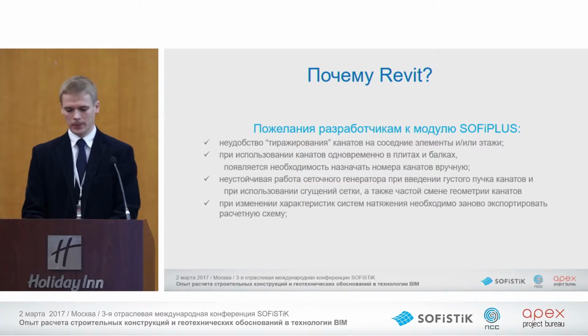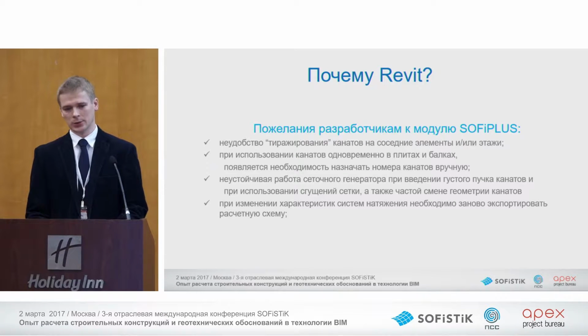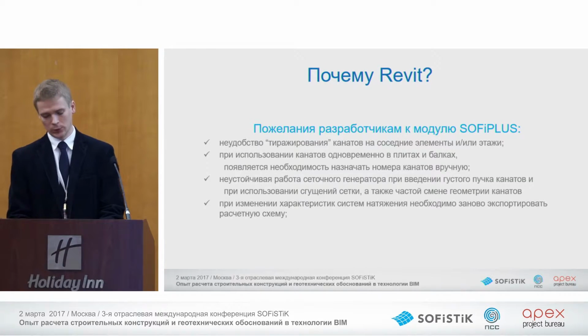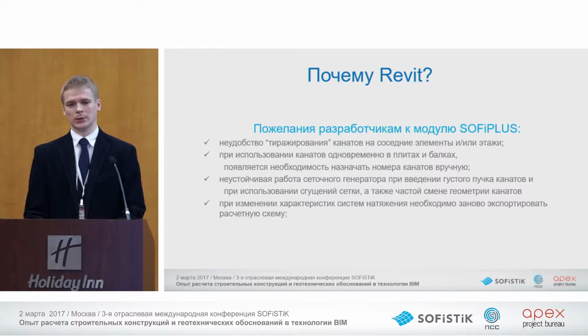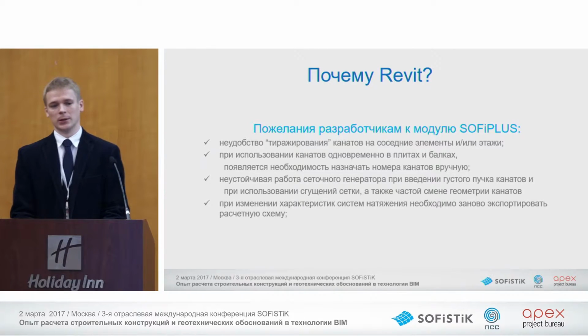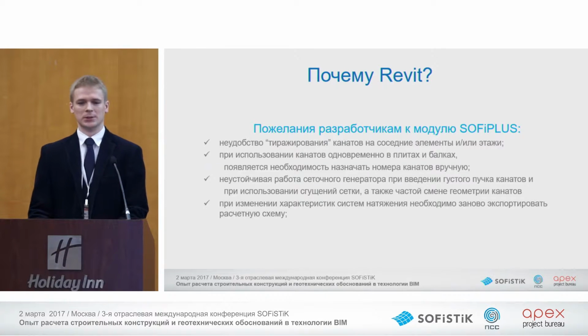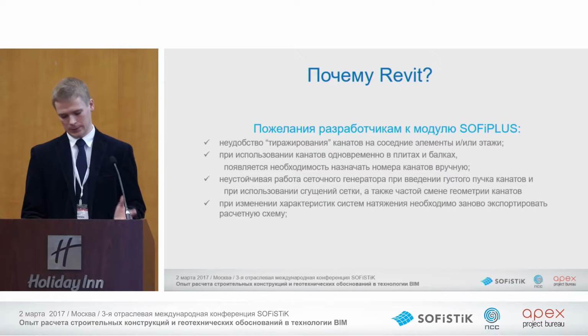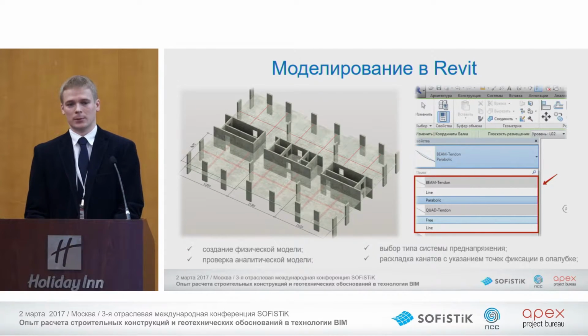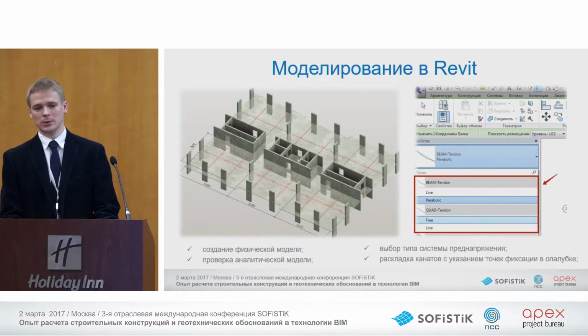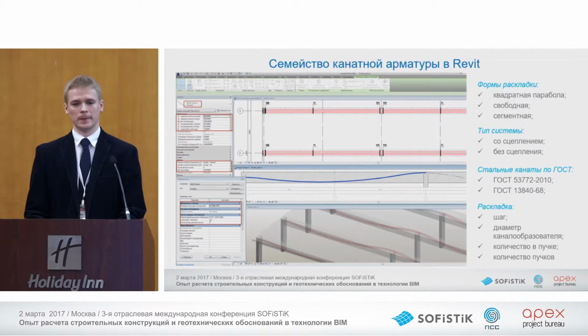So SOFiSTiK has a lot of options for setting up wire rope reinforcement, but some ropes cannot be copied to other floors, to other stories, and if ropes are used at the same time in slabs and in beams, we need to assign numbers, some things manually, and it's not very convenient. That is why we use some tasks in Revit and some in SOFiSTiK.